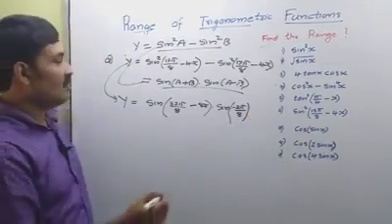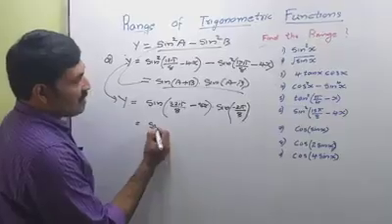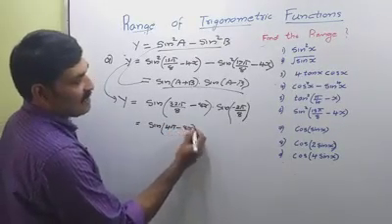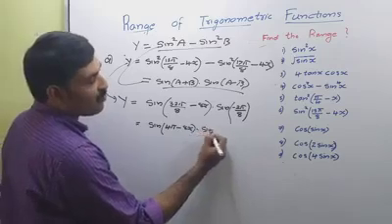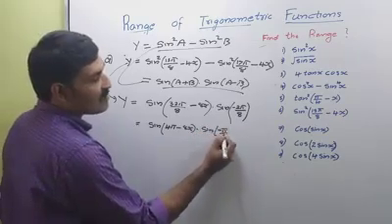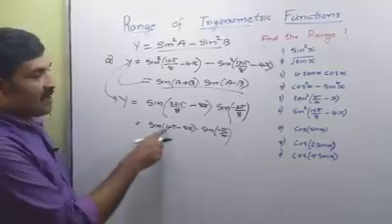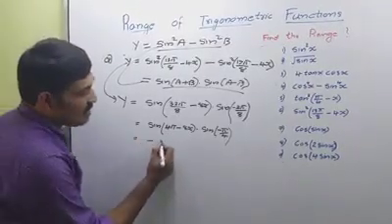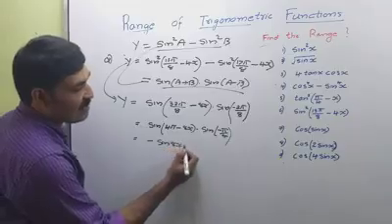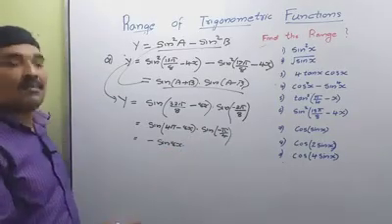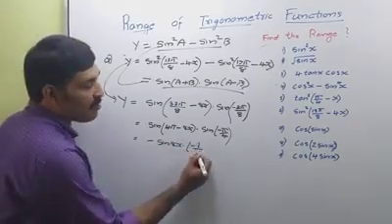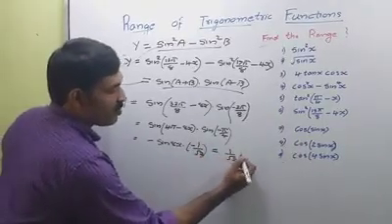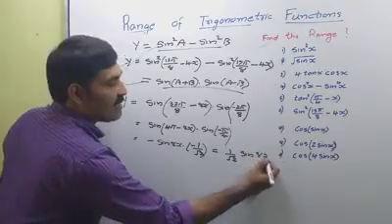Now this is equal to sine of 4 pi minus 8x into sine of minus pi by 4. Sine of 4 pi minus 8x is equal to minus sine 8x, so that is minus sine 8x into sine of minus pi by 4, that is minus 1 by root 2. So this is equal to 1 by root 2 into sine 8x.